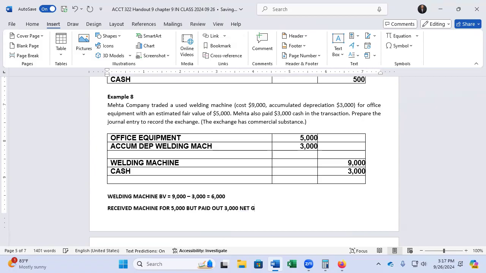And so net gave up $9,000 to get 5,000. And so that equals a $4,000 loss. And so this would be loss on disposal of welding machine.